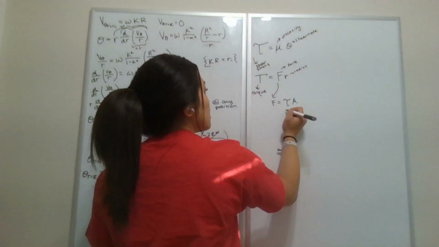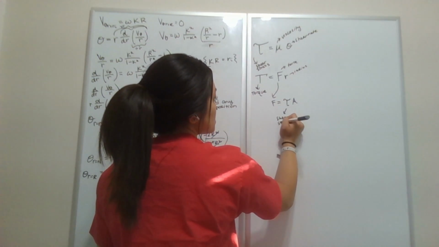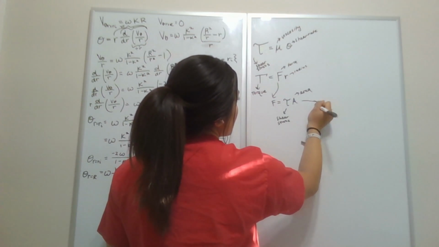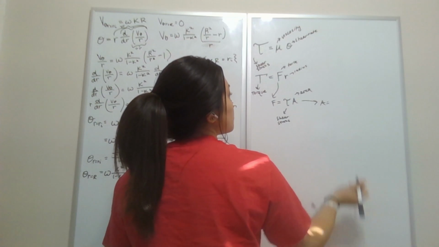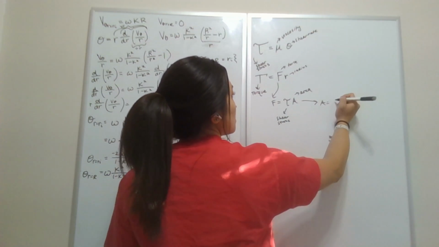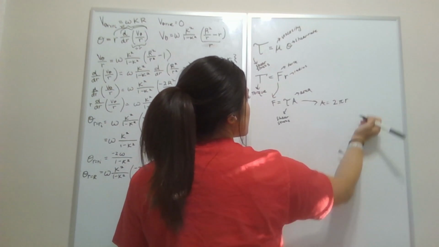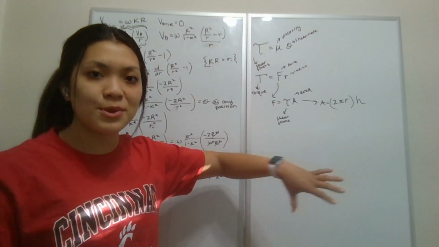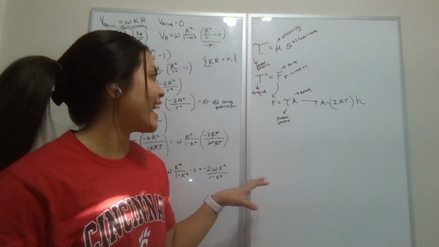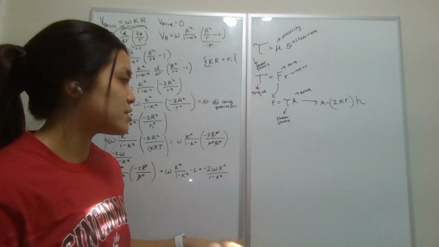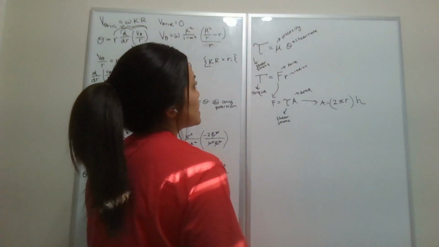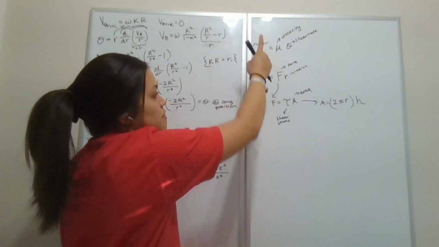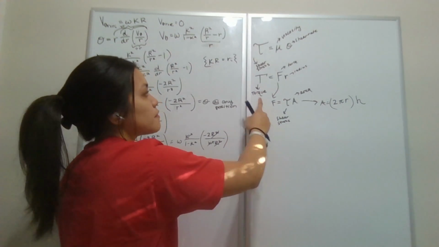And again, this is shear stress, and this is area. And so area can be broken down into 2 pi times the radius times the height. And so this looks a little messy with all the arrows and the definitions of what variables mean what, but basically we can use the shear rate to find the shear stress, and we can use the shear stress to find the force, and we can use the force to find the torque.